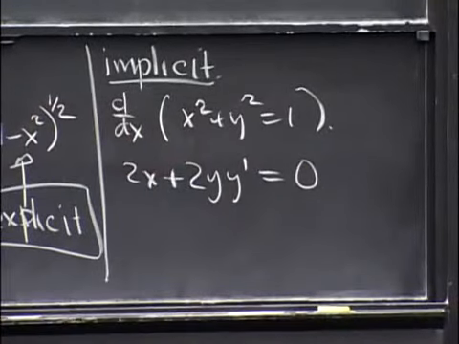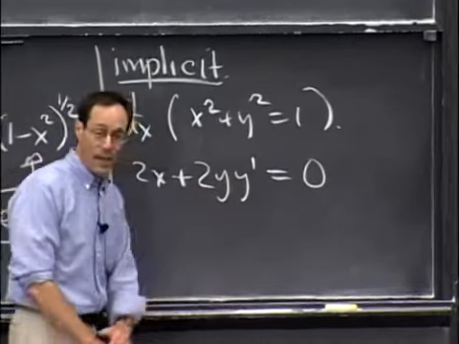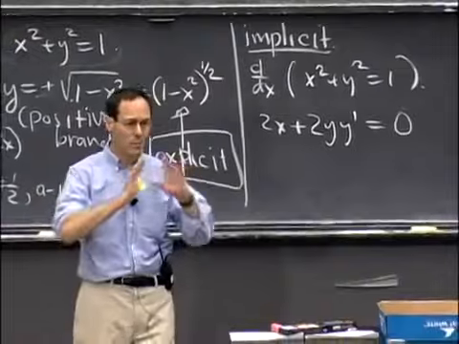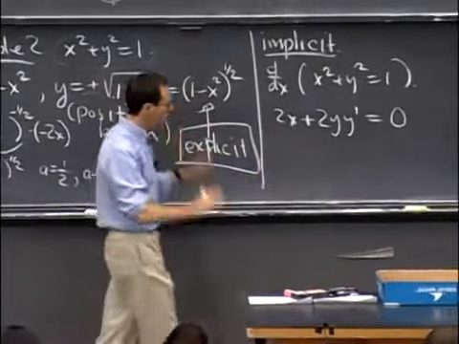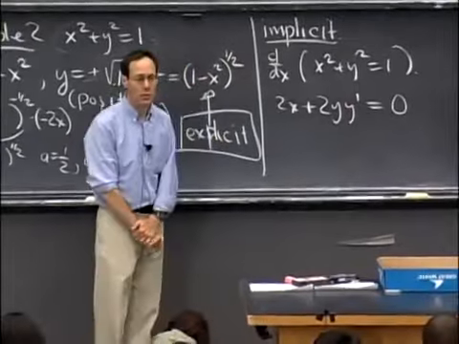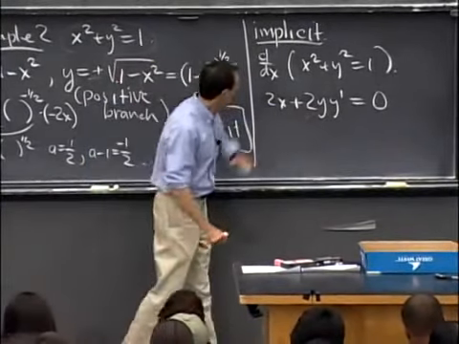Derivative of 1 is 0. All right, so this is the chain rule again. I did it a different way. I'm trying to get you used to many different notations at once here. Well, really just two, just the prime notation and the dy dx notation. And this is what I get.